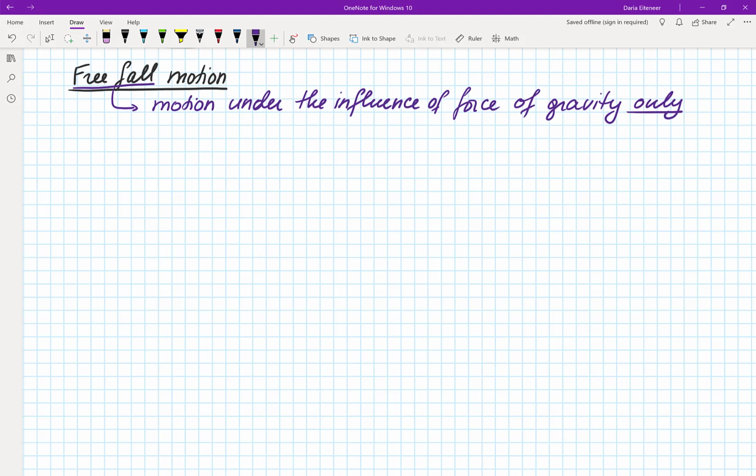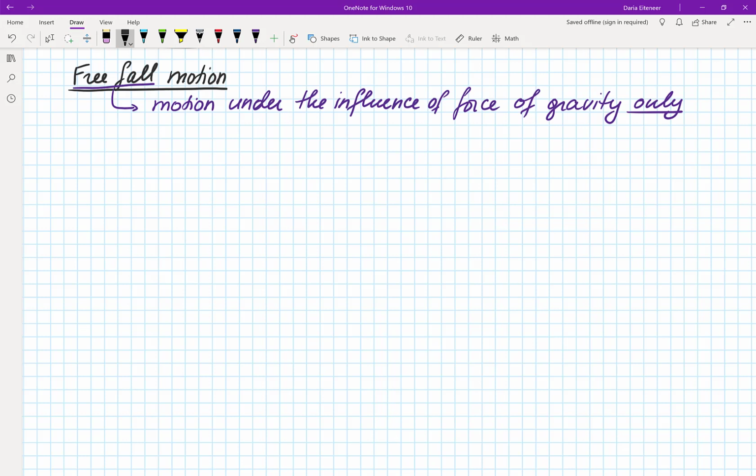For now, what we need to get out of this is that when there is only force of gravity acting on an object, as in when the earth is pulling on an object, well, earth is always pulling on everything, but in this case, for free fall, we're only saying that there is earth pulling and there is nothing else pulling or pushing this object.